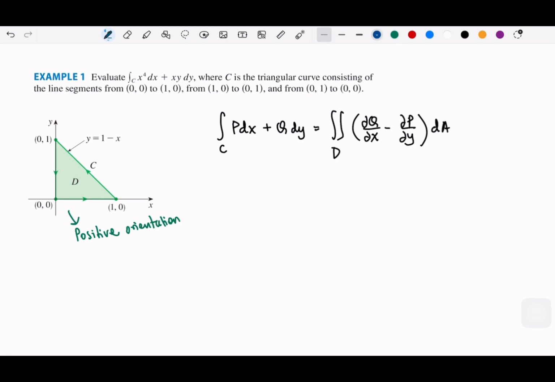So this is positive orientation, so Green theorem works as it is directly. So P, from the equation, we have x to the power of 4 and plus xy dy. So this will be P, this will be Q, right?